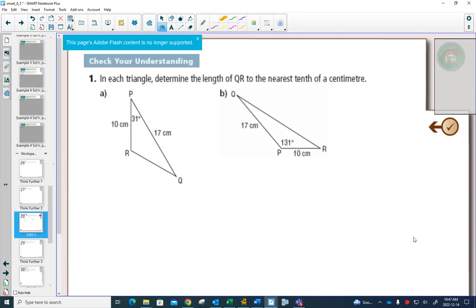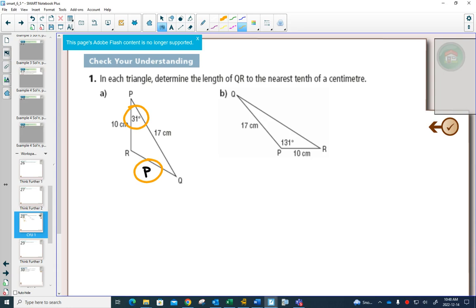Determine the length of QR, that's going to be little p, in part A. Can you see that you cannot use the sine law? We never have an angle and its opposite side given to us. But if we're trying to find little p, it goes with the angle 31.